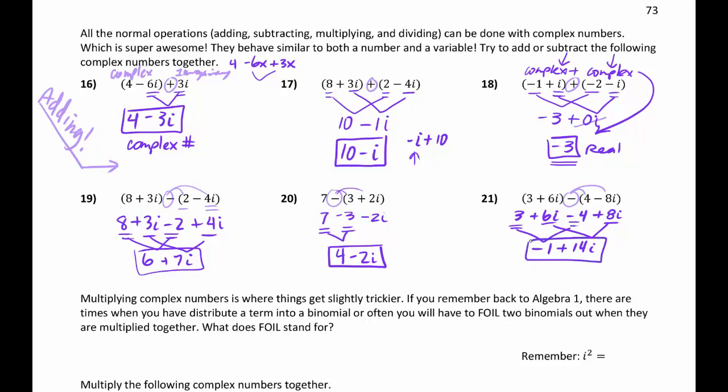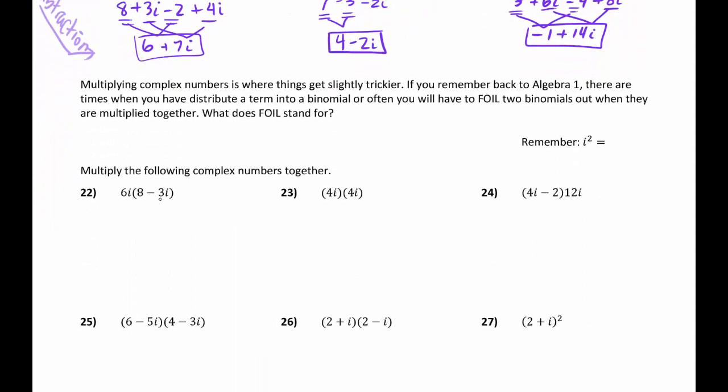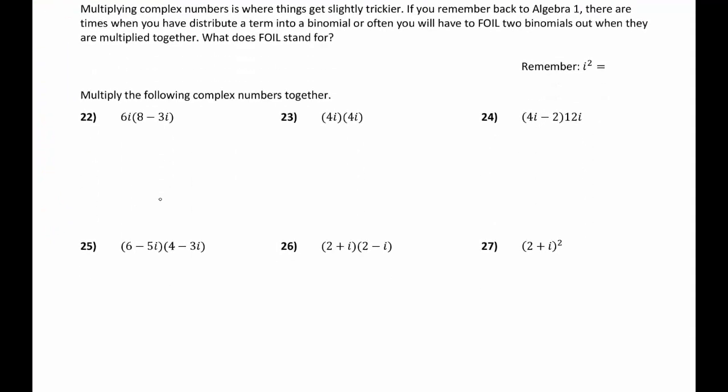Negative 1 plus 14i is where this question finishes. Alright, so these questions, if you ever need to go back, are all subtraction questions. So not too hard. The last piece of the puzzle is how to multiply.